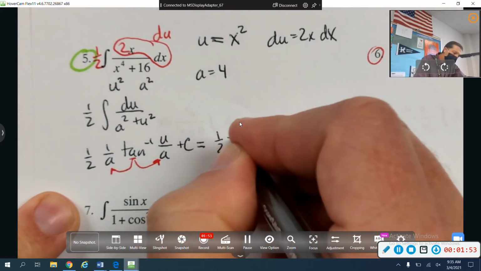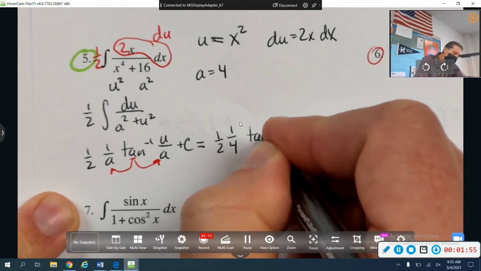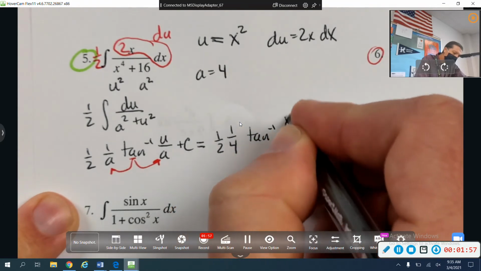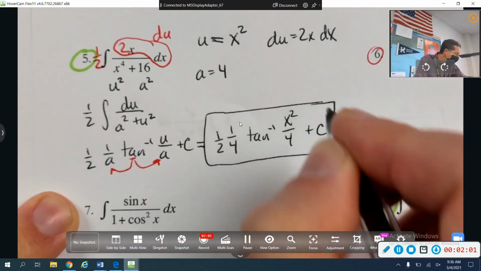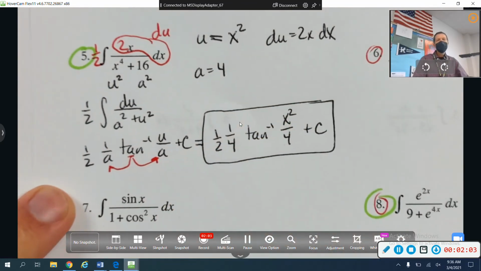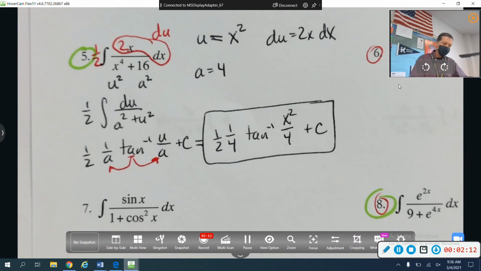So 1 over 2 times 1 over 4, inverse tangent of x squared over 4 plus c. You pick the right u and a, things work out well. It's kind of always the case. That's when the top is bigger than the bottom.